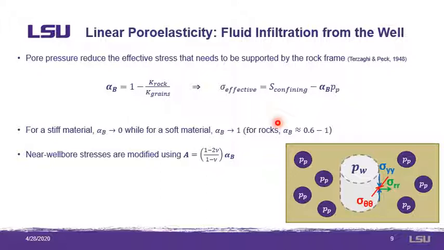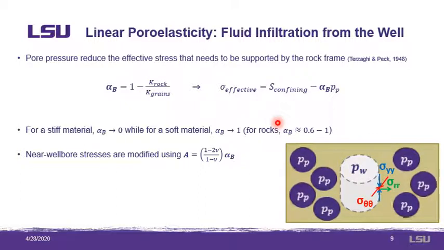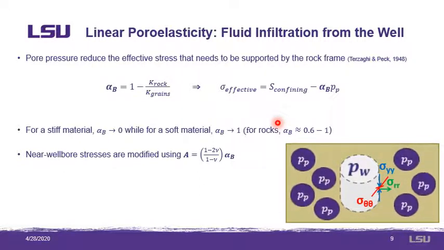Then in 1967, Heimson and Fairhurst used linear poroelasticity to modify the near wellbore Kirsch solutions in order to incorporate the effects of fluid infiltration from the wellbore, as this animation shows. As the wellbore pressure increases, fluid infiltrates the pores nearby the wellbore, increasing the pore pressure and therefore increasing their size, and vice versa.